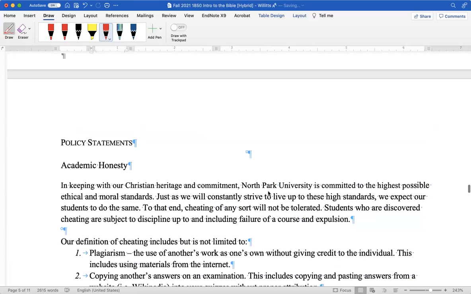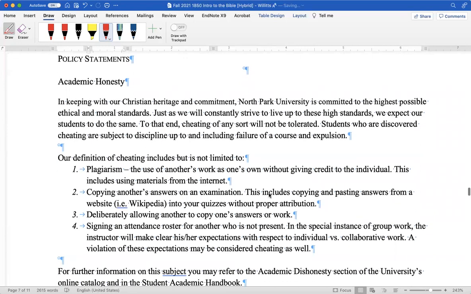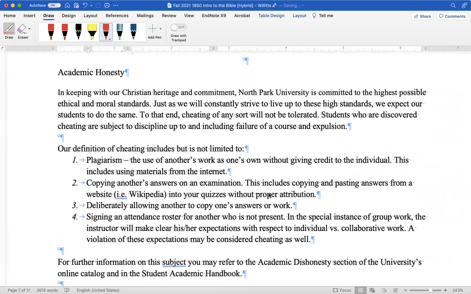All right, moving then to the policy statements. I really don't want to take time to walk through these in any detail. Please, please, please be careful that you don't plagiarize. Very easy.